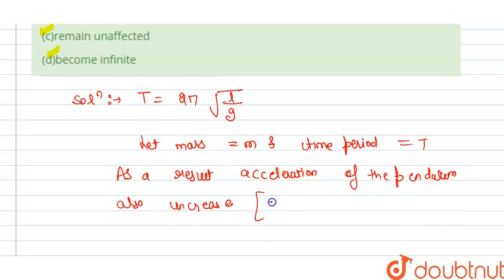It is due to the train accelerating with uniform acceleration.